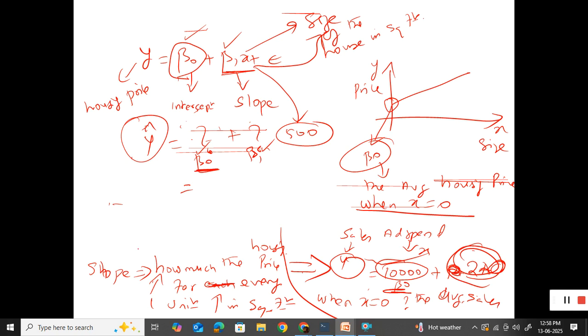Or, to simplify, the slope helps us to understand, when x increases, how much y increases. We can say it that way also. That is what slope is.